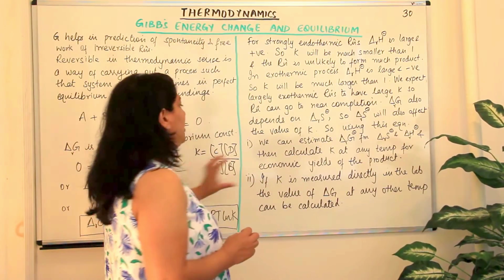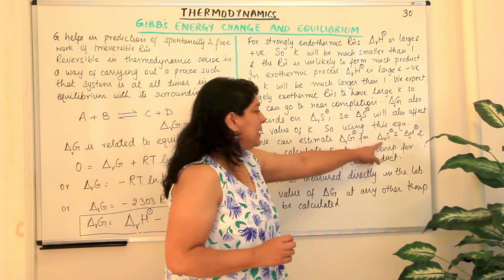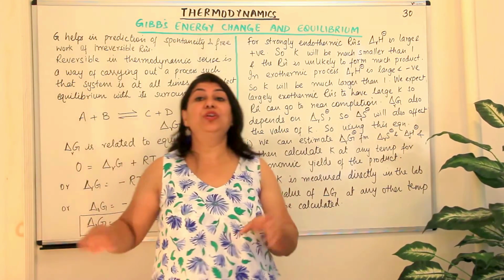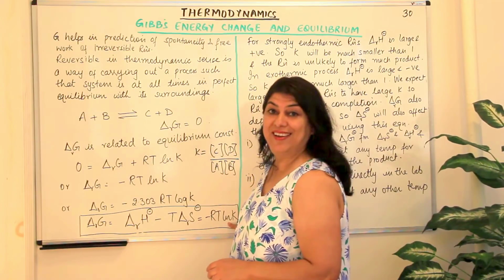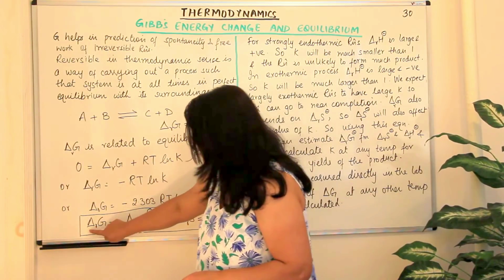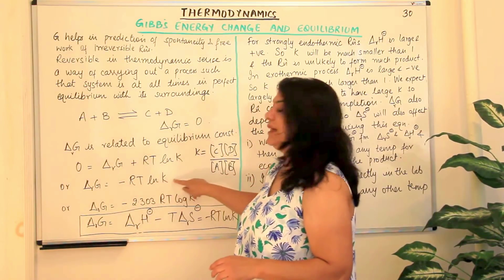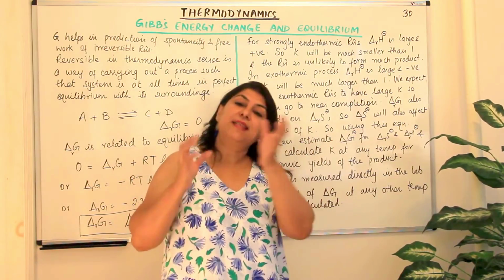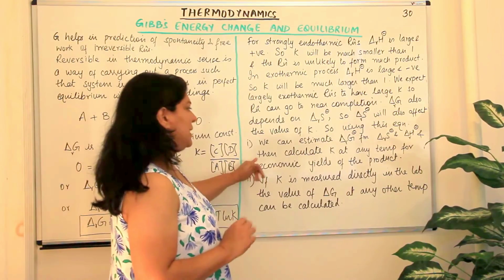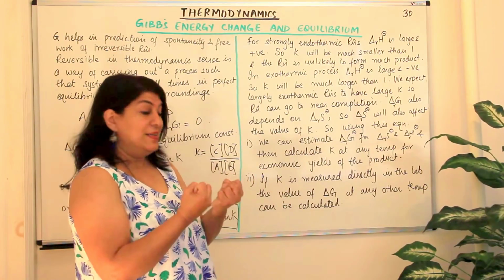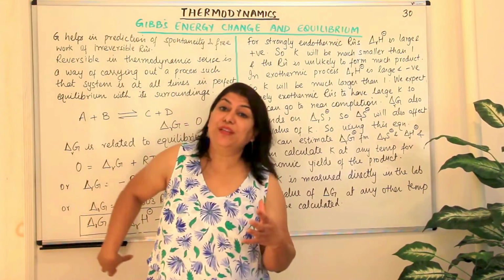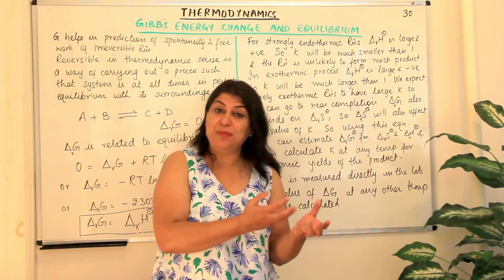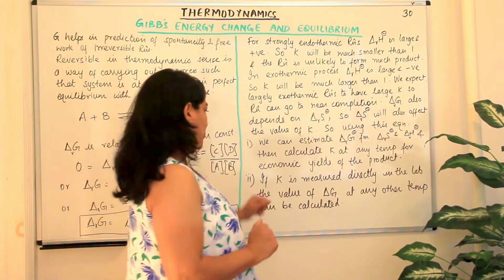So you can use this equation and estimate delta G from delta S and delta H. You can calculate delta G from delta S and delta H, and then you can use that value to calculate K. Once you have found the value of delta G, use the equation delta G is equal to minus RT ln K and calculate the value of K. So you can use the value of delta G from delta H and delta S and calculate the value of the equilibrium constant at any temperature to get economic yields: how much yield do you want of the product, how much enthalpy should be there, at what temperature would this reaction be feasible if it is endothermic, and if it is exothermic, what temperature should you use.